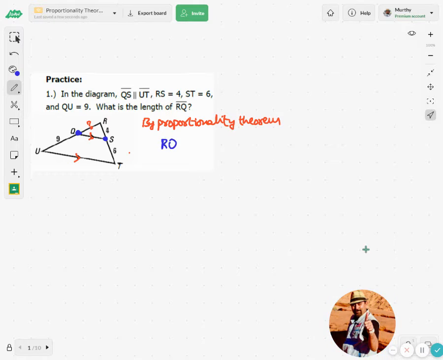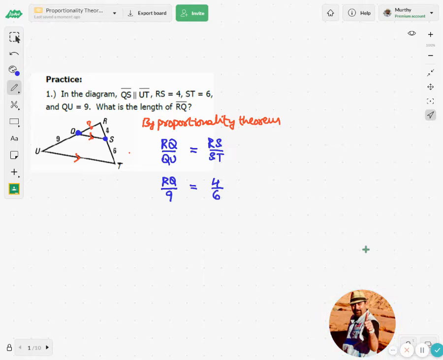Therefore, RQ, the upper portion, over QU, the lower portion, equals RS, the upper portion, over ST, the lower portion. Now let me plug in the values. RQ is not known, and QU is 9 units, equals RS is 4 units over ST is 6 units.